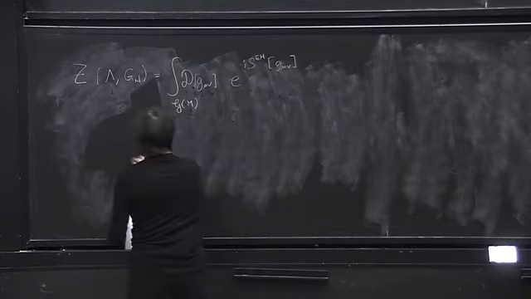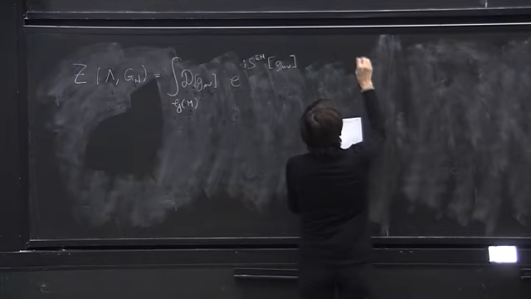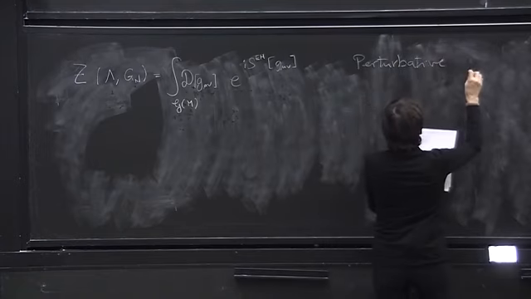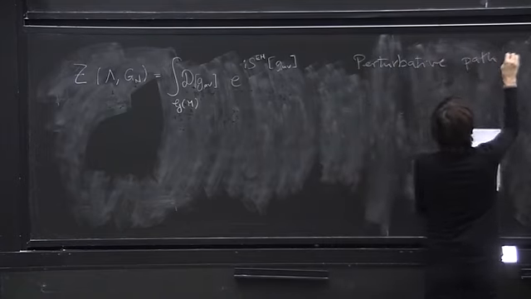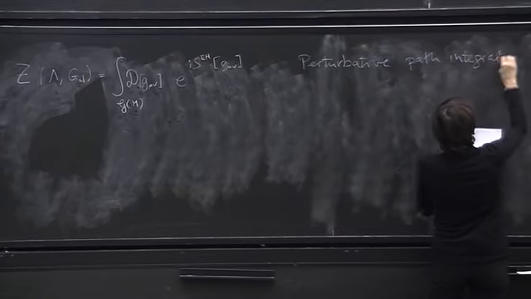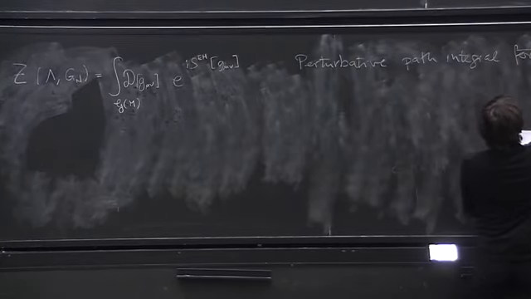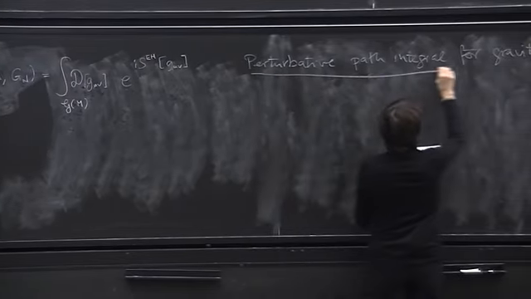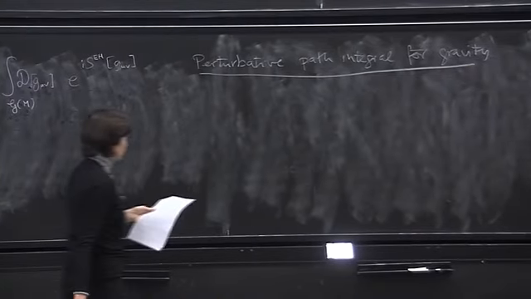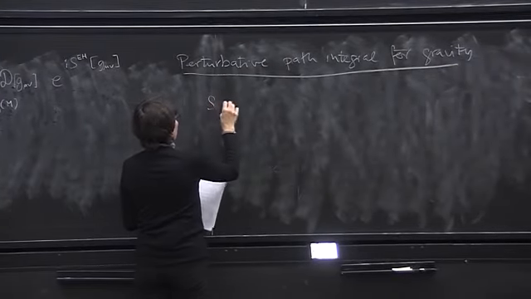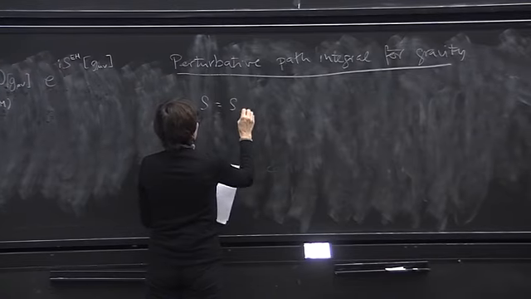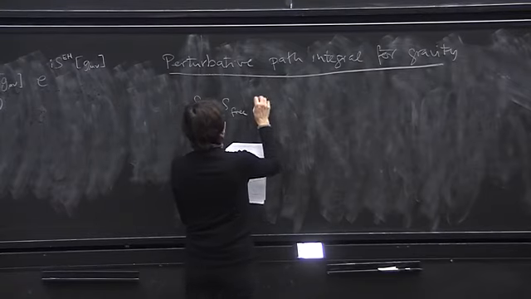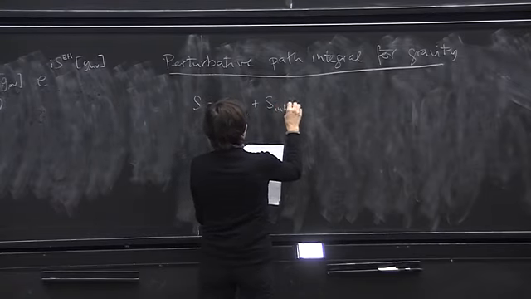So this would be the perturbative path integral for gravity, usually called. And what you do is you split S into a free theory plus interaction terms.